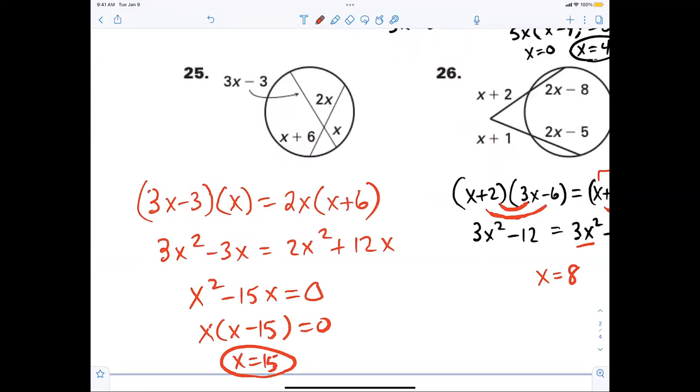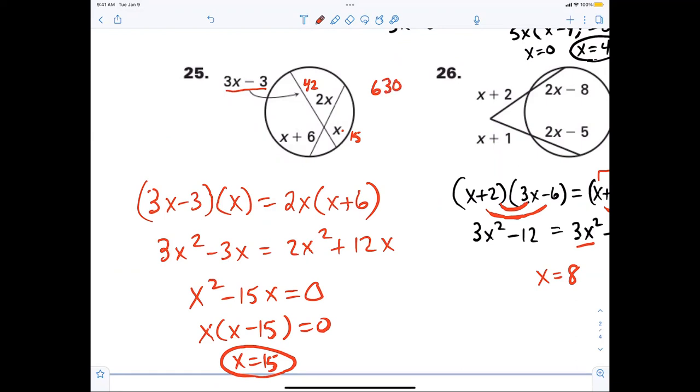Now let's just see if we're right. All right, just to double check. If I plug 15 in, 3 times 15 minus 3 is what? 42. So I'm going to put a 42 right here. Then I'm going to put a 15 right here. And what's 42 times 15? 630. Is that right?